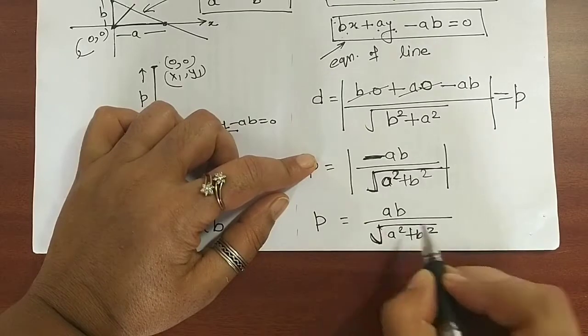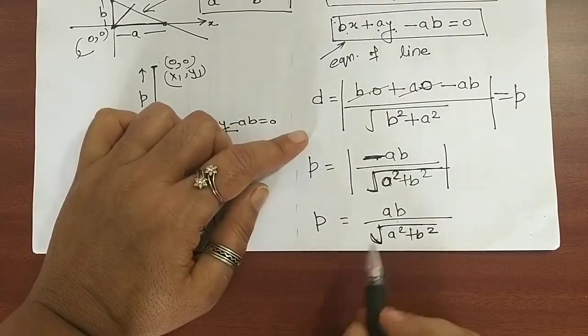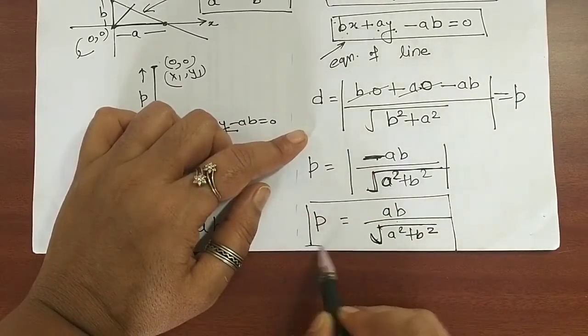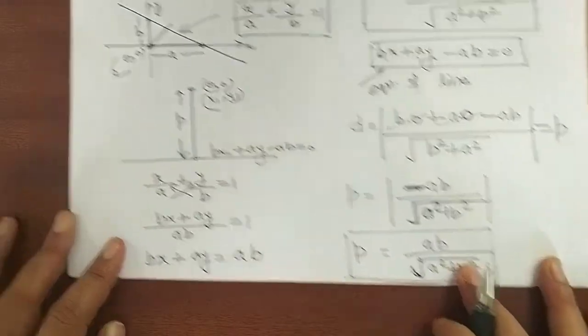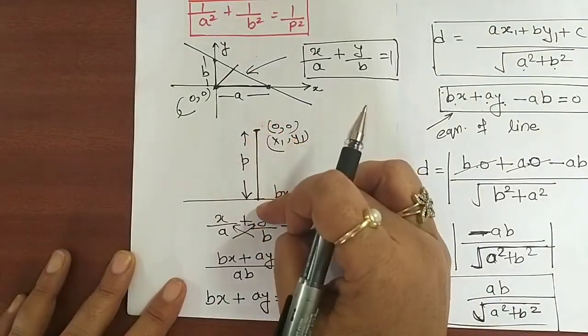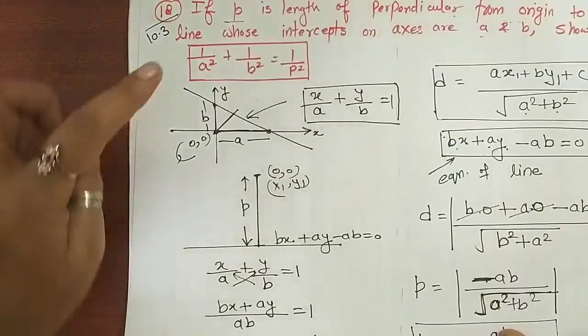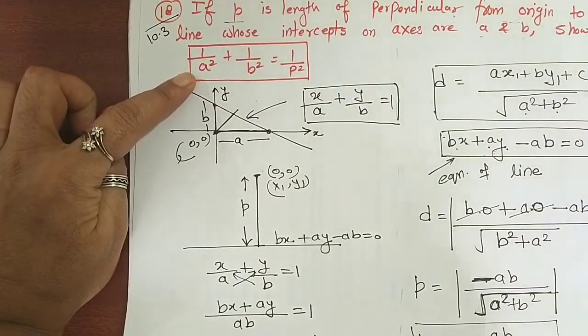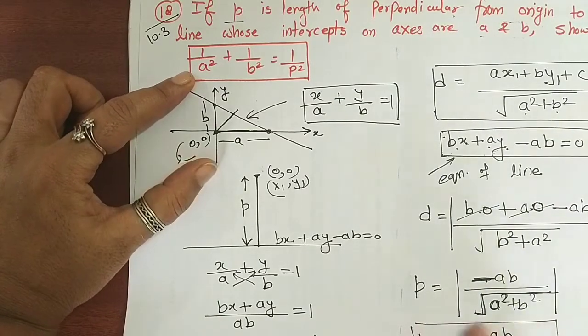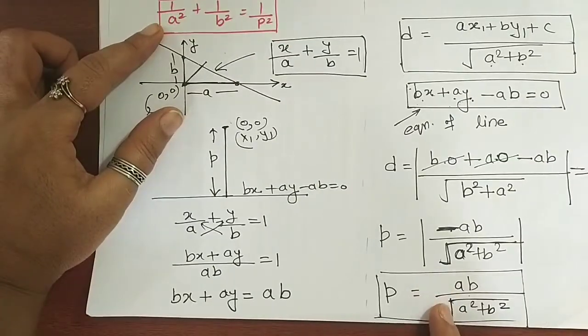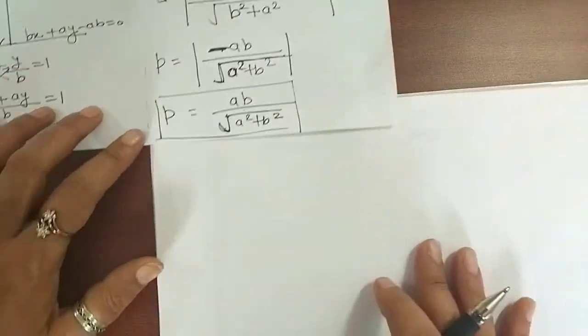Okay, so only this minus becomes positive. So I got this condition. So this is the condition for which the length of perpendicular from 0, 0 to this line is P. But we are supposed to prove this. Okay, so what we will do is we will just bring this condition into this form. So that is pretty simple, guys.